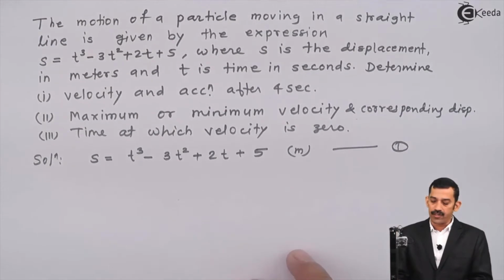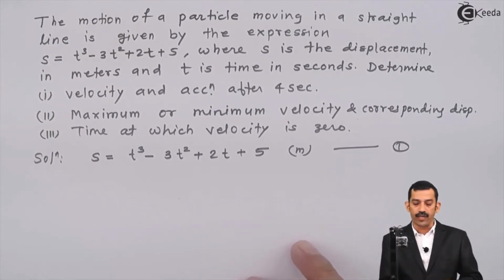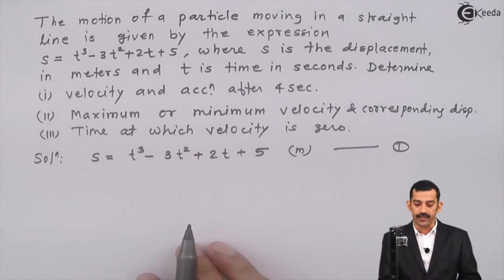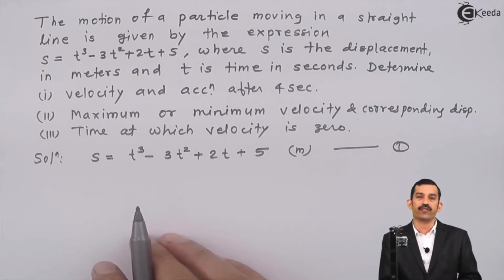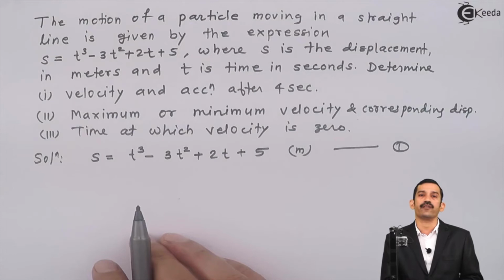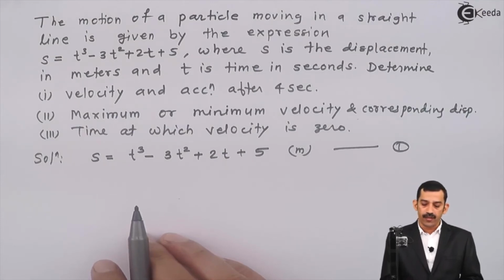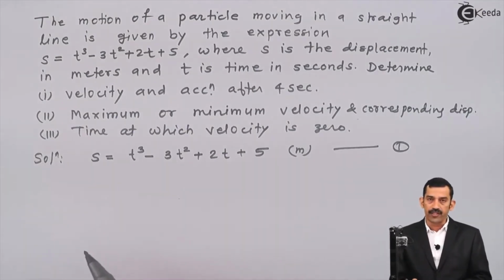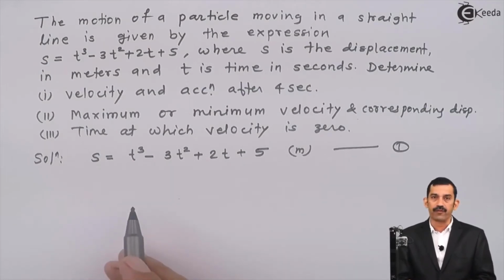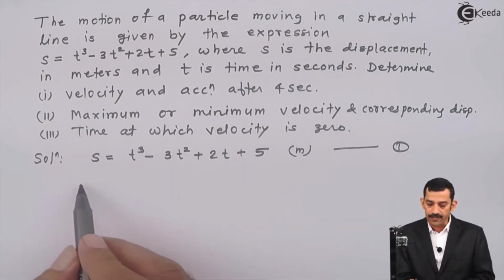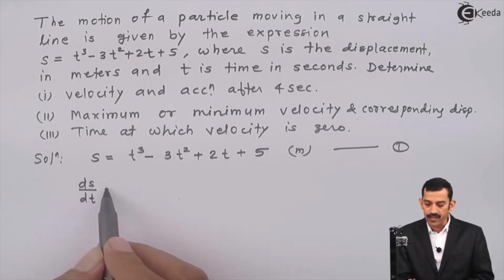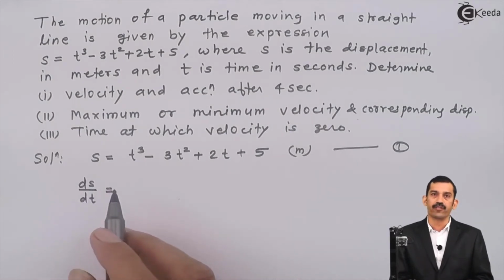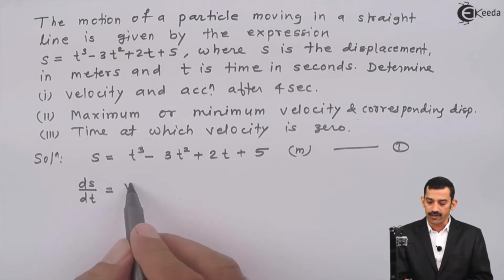Now, as the equation of displacement is known and you have to find out velocity and acceleration, that means from this equation of displacement, you have to find the equation of velocity and the equation of acceleration. What we'll do is differentiate this equation of s with respect to time t. ds upon dt is the rate of change of displacement with respect to time, which is nothing but velocity.